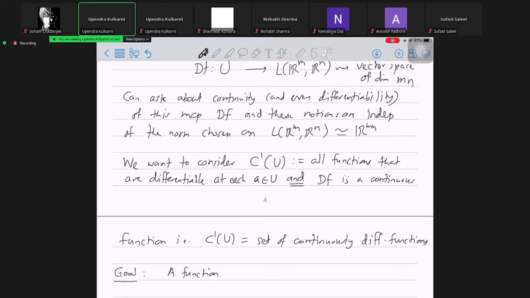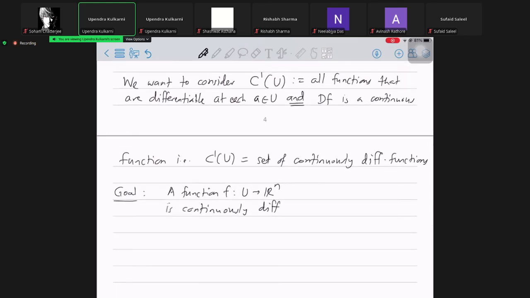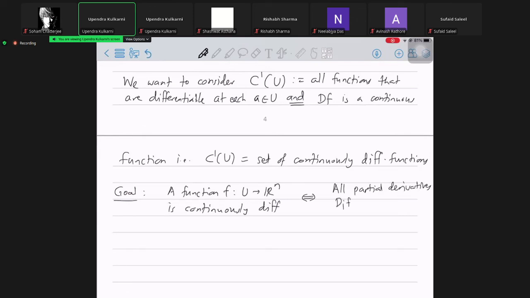A function f from U to Rn is continuously differentiable if and only if all partial derivatives D_i f exist at each point, at each A, and crucially, are continuous.